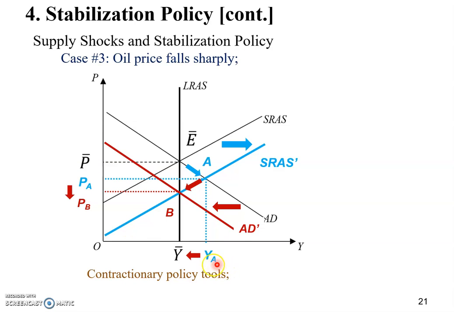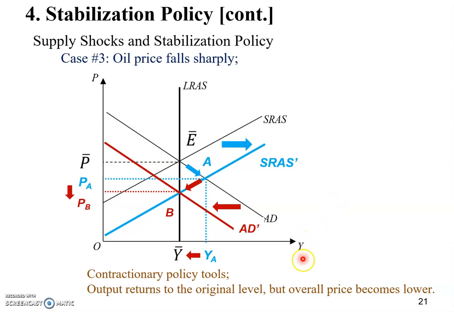The output level could go back to the original one, Y bar, but the price level is going to go further down, so the economy would experience a more severe deflation. So this is the third case.